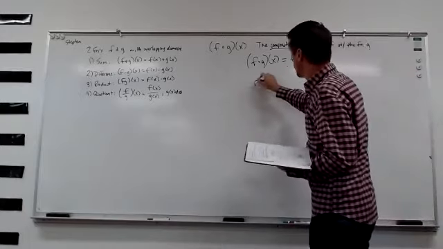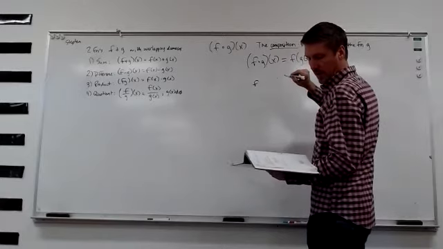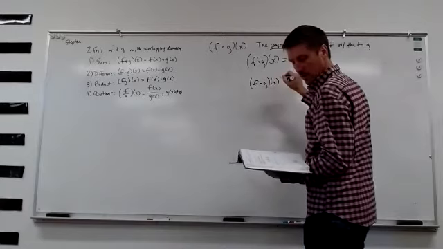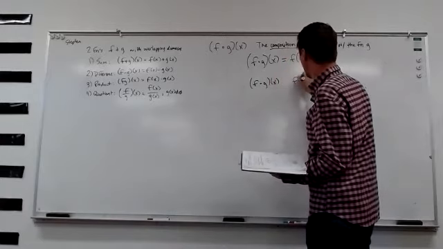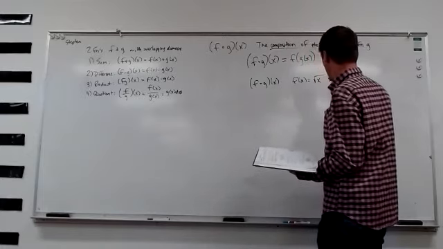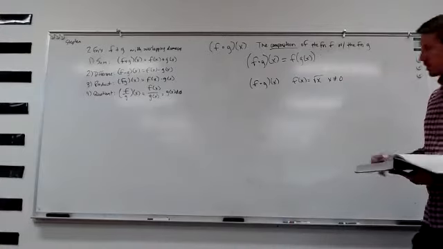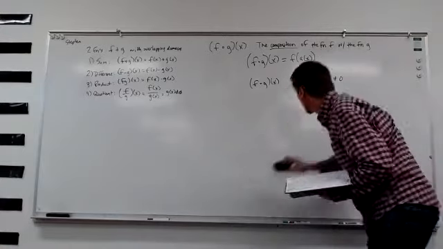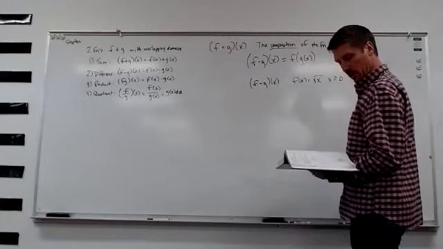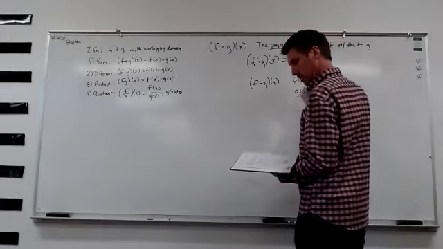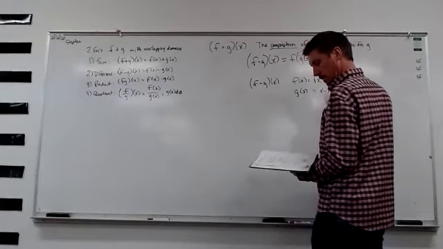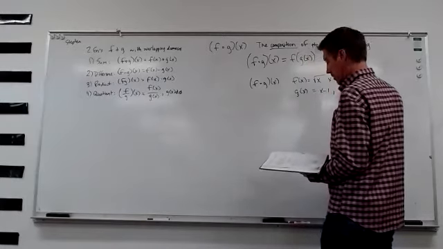Let's do this example, which is example 5. They're wanting us to find the composition of f and g, where f of x equals the square root of x, and they note that x has to be greater than or equal to 0 because of the radical. And then g of x equals x minus 1, where x is greater than or equal to 1.